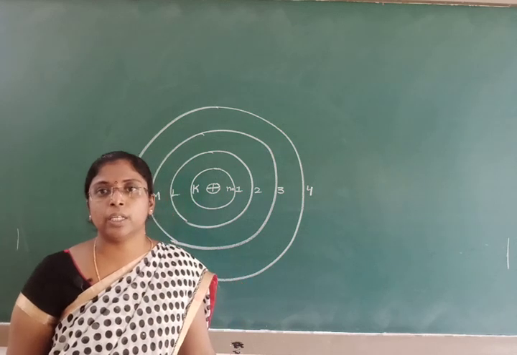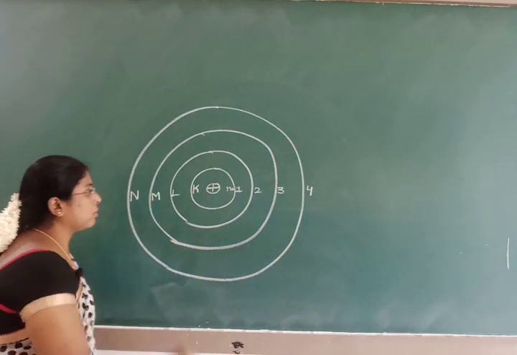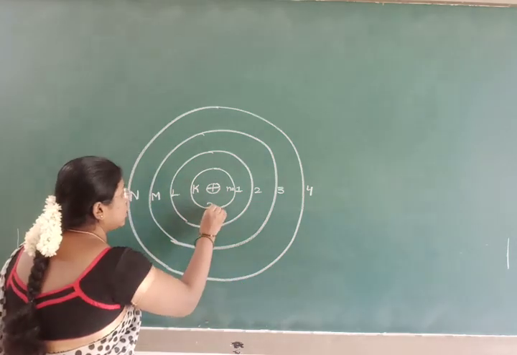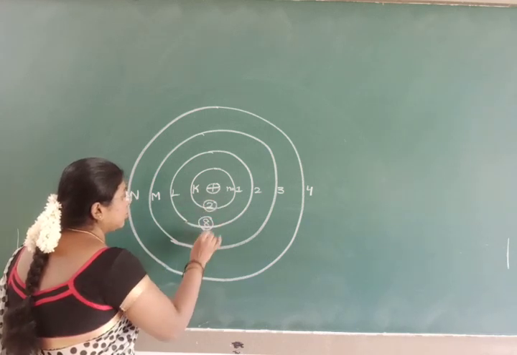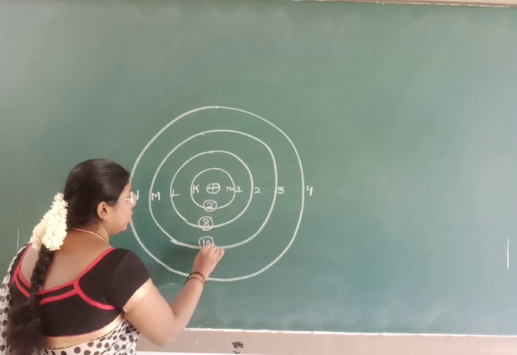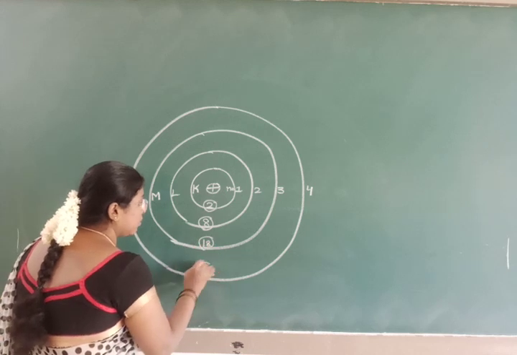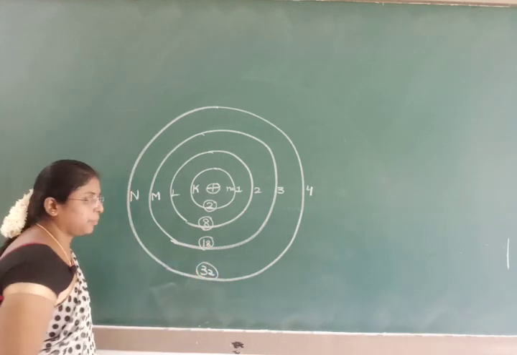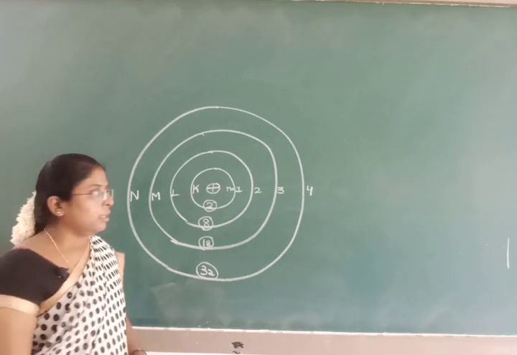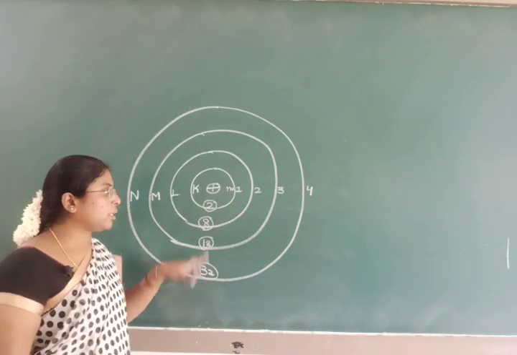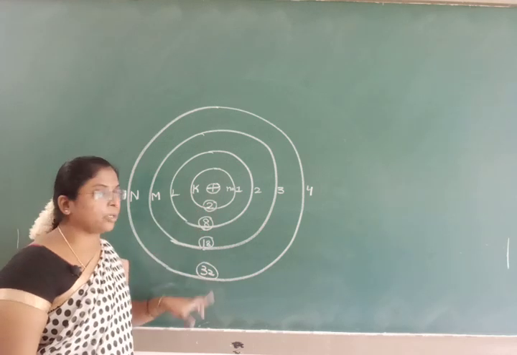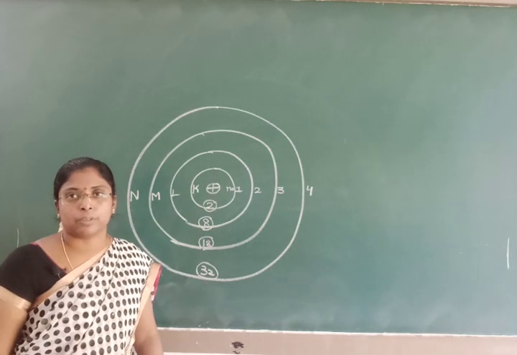The first shell can accommodate 2 electrons. The second shell can accommodate 8 electrons maximum. The third is 18 and the fourth shell is 32. Here 2, 8, 18, 32. This is the capacity of the shells to accommodate electrons.